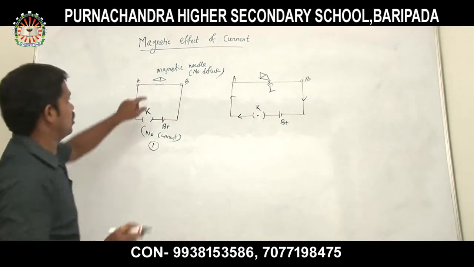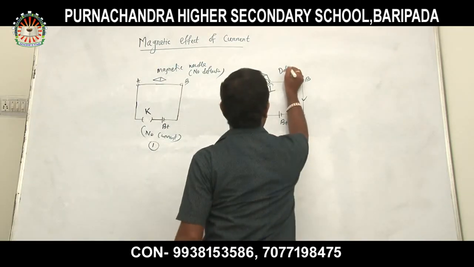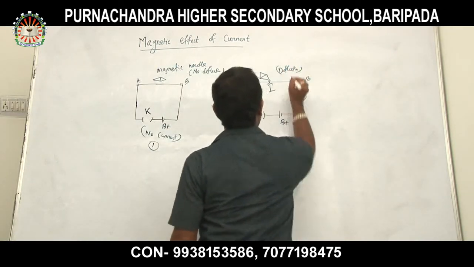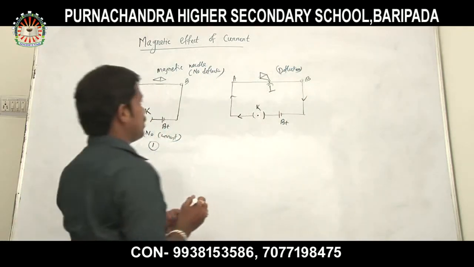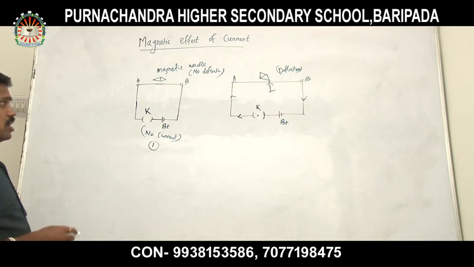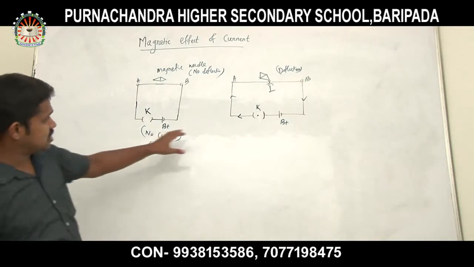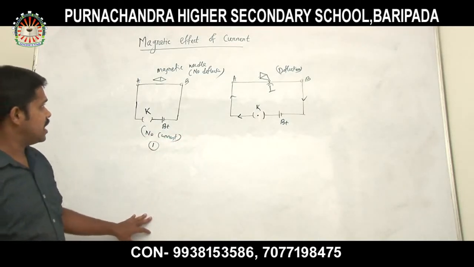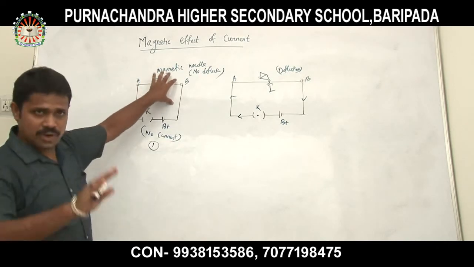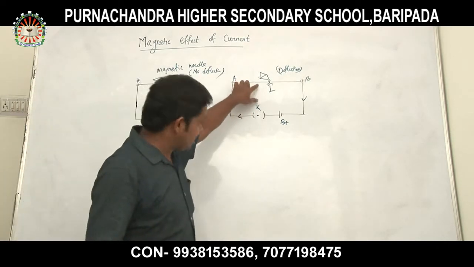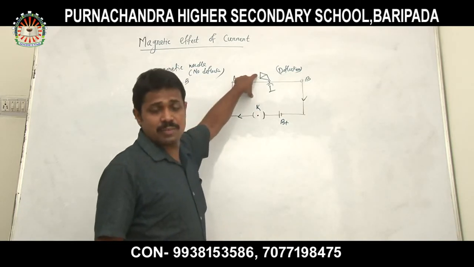Look at it, there is no deflection here, but here there is a deflection in the magnetic needle. Clear, all of you? So from this experiment he concluded that in this part there is no current flow, so there is no deflection, but in this case there is current flow and there is a deflection in the magnetic needle.